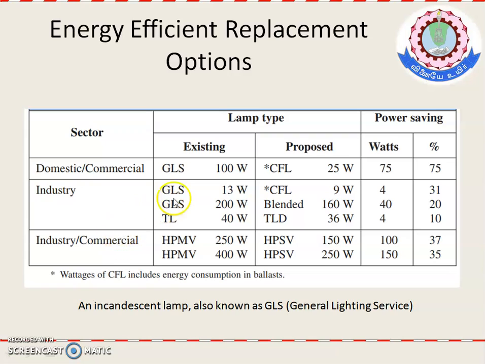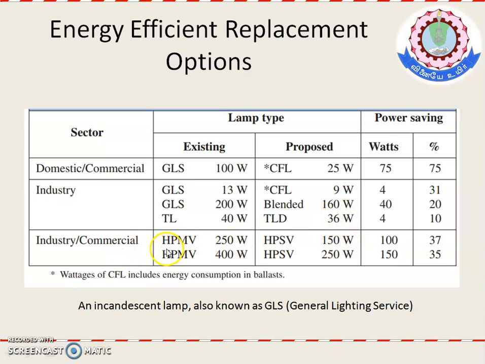In the industry sector, the same thing is feasible. You can go for general lighting, you can go for blended lighting and tube lights. This is a conventional tube light, and this tube light is a 36 watt thin tube light.